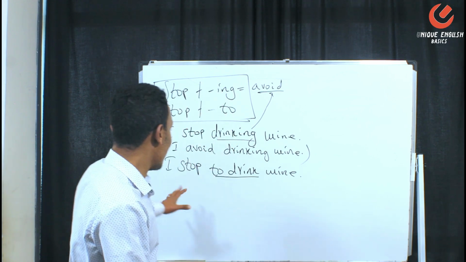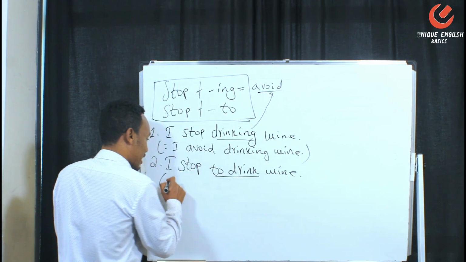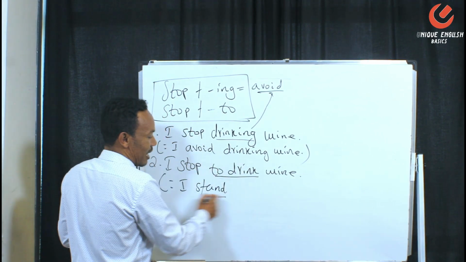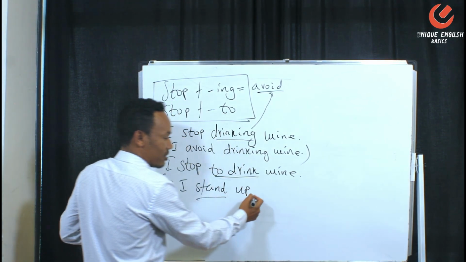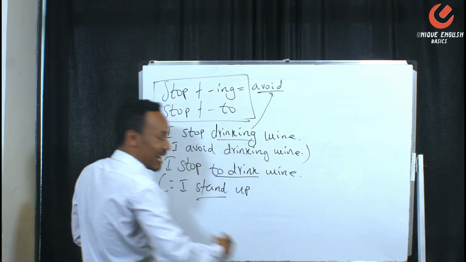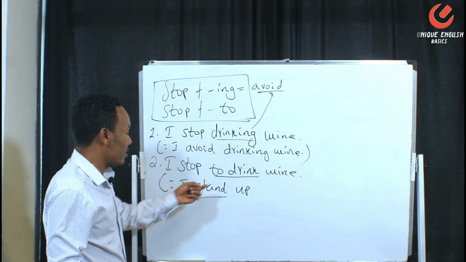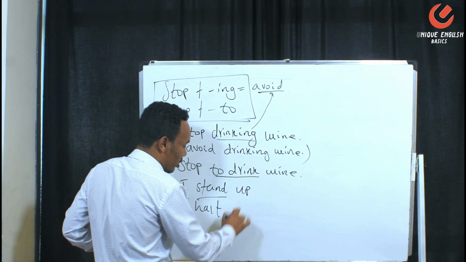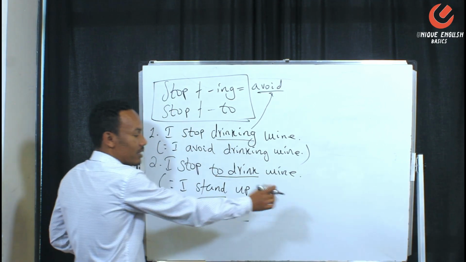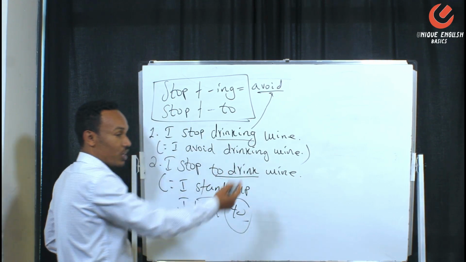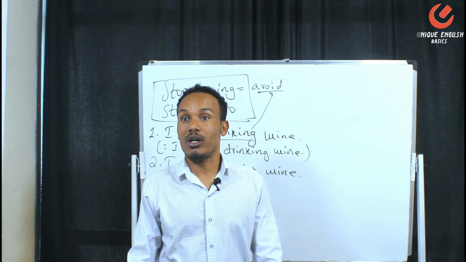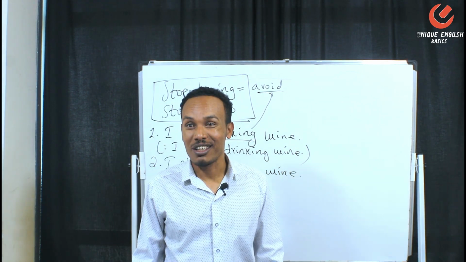Why did you stand up? To drink wine. So it means I stand up in order to drink, I hold, I stop to drink something. Do you understand me? Yes, I do. This is so important.